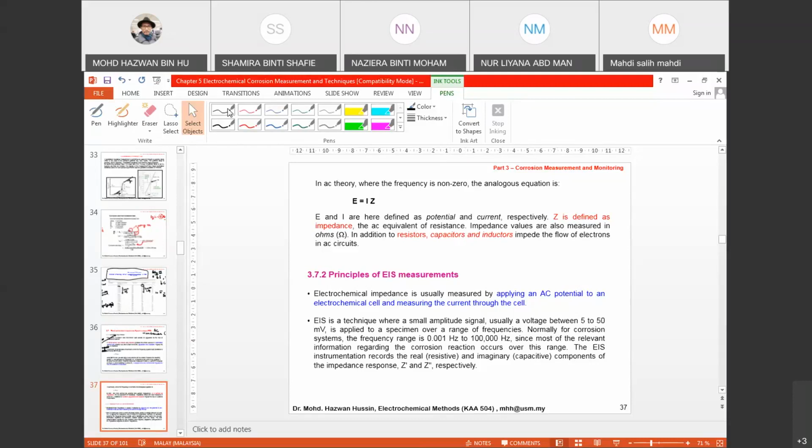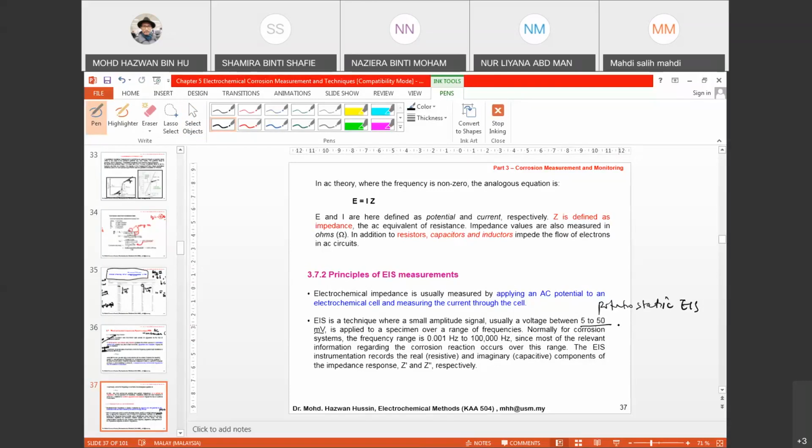So this method is known to be potentiostatic. Why is it called potentiostatic?